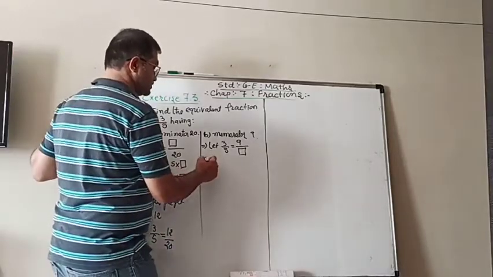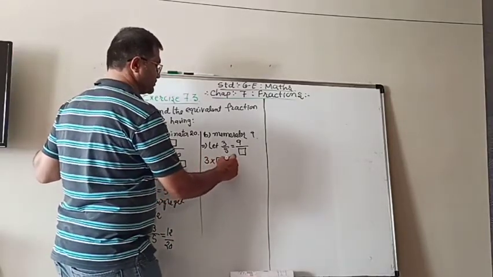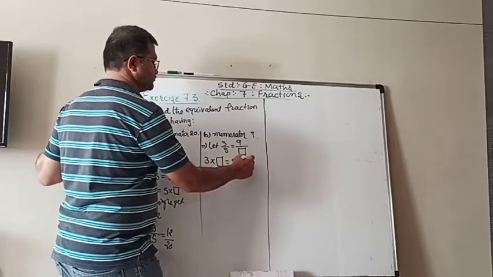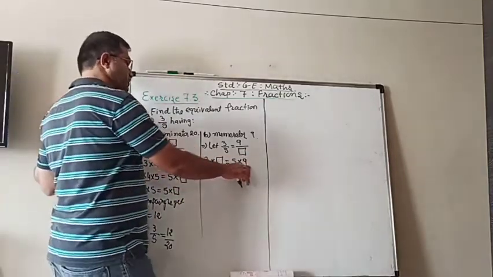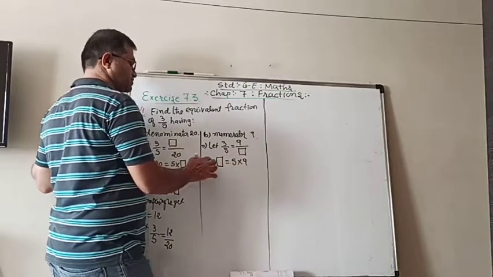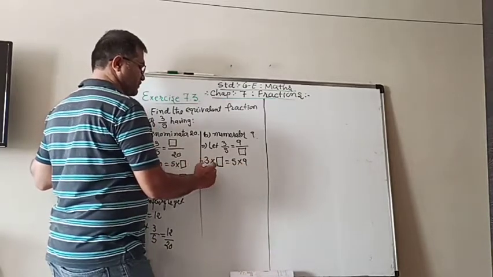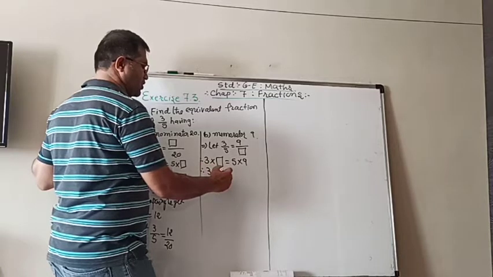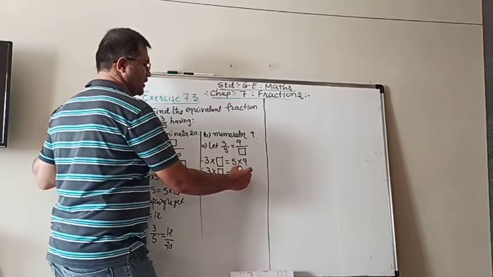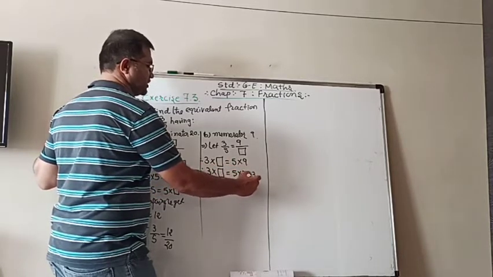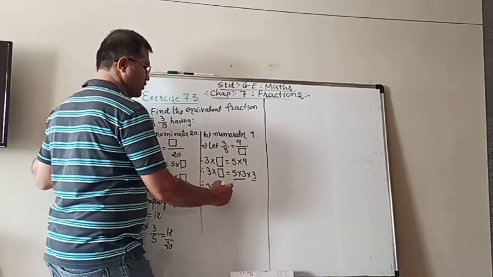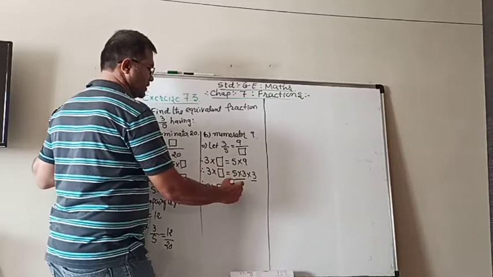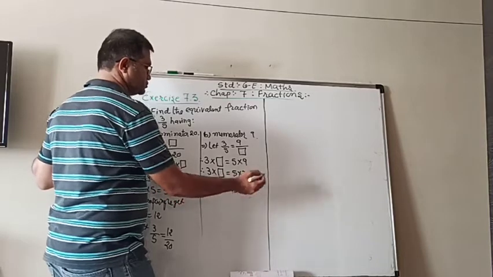So now 3 multiplied by box equals 5 multiplied by 9. So 9 can be split as 3 3s are 9 to bring 3. Therefore 3 multiplied by box, 5 multiplied by 3 3s are 9. So 3 multiplied by box, 5 3s are 15.